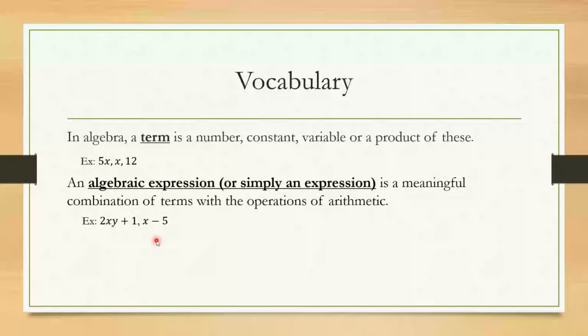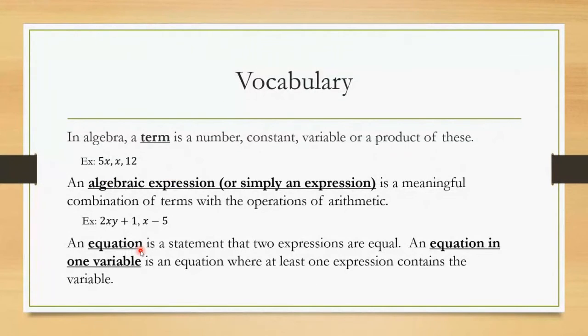So we start out with terms, we go to expressions, then we go to equations. An equation is when you have one expression equal to another. Excuse me, let me restate that. It's a statement that one expression equals another.